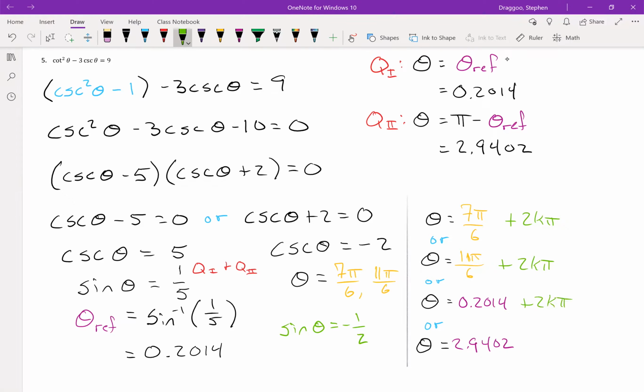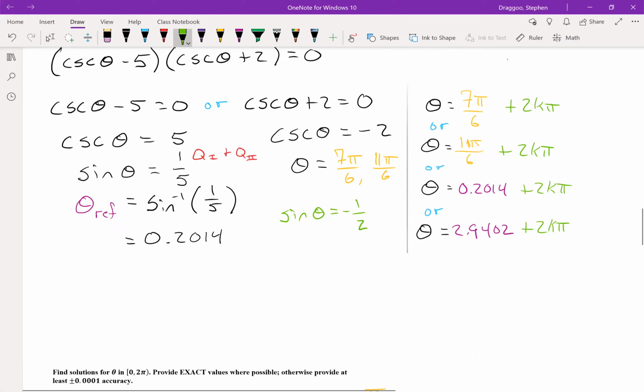Since anything that's coterminal to one of these four angles on the unit circle is also going to solve this trig equation. All right, that's probably about as messy as it gets.